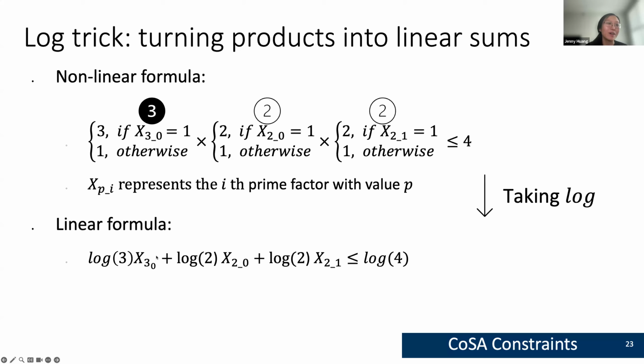So the log factor will be multiplied with 1 if the variable is 1, and with 0 if the binary variable is 0. But if we turn it back into the non-log term, this is equivalent to multiplying this value by 3 or by 1, right? So that's how we formulate this problem into an integer, linear, or even quadratic programming problem that could be directly solved by the solver. This is a very useful trick, I would say, in optimizing for this problem.